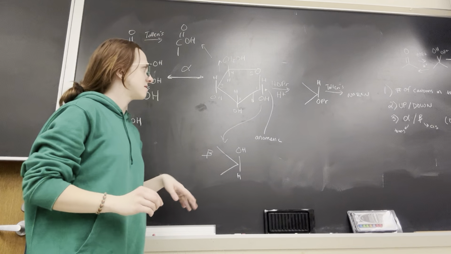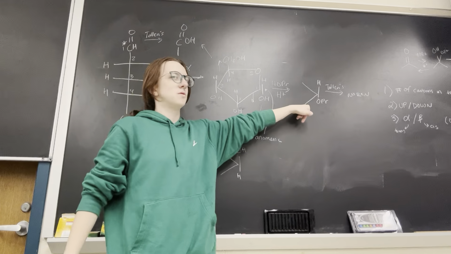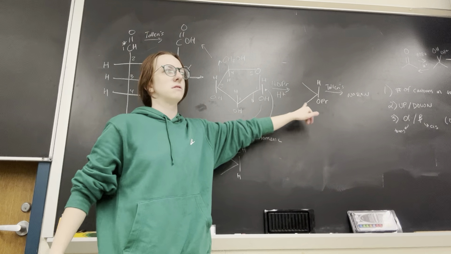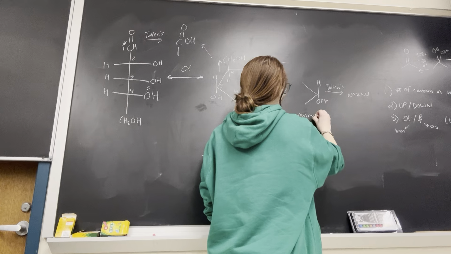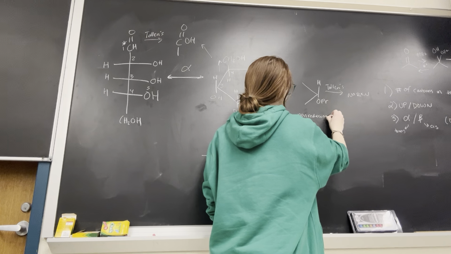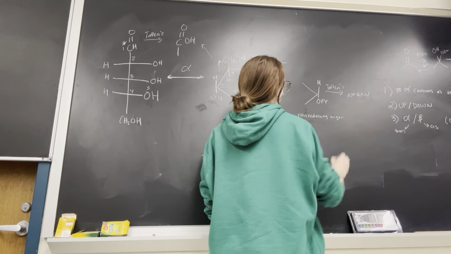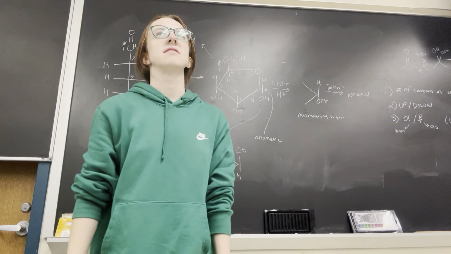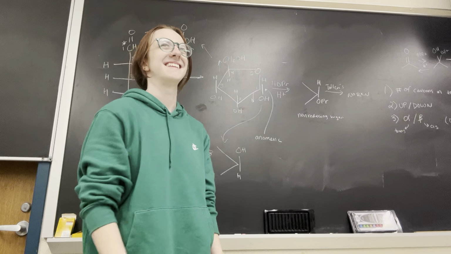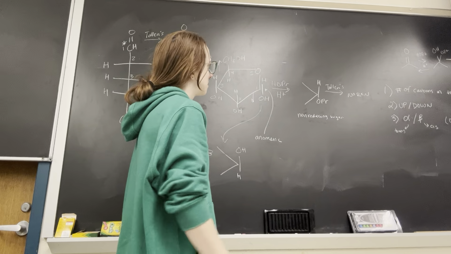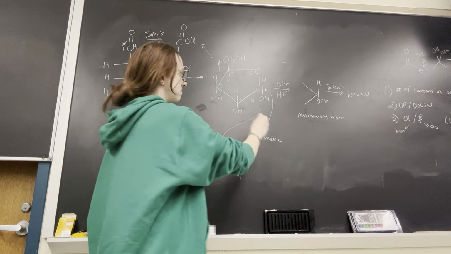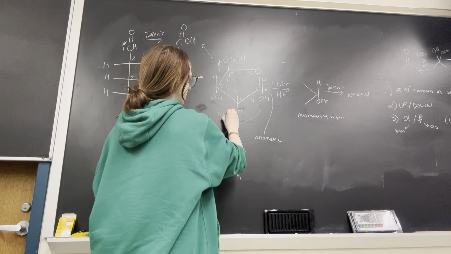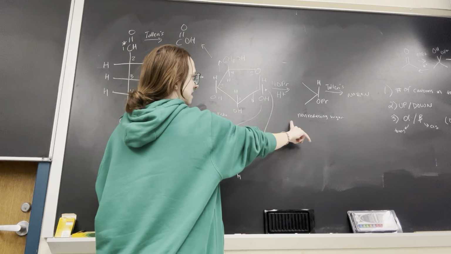I forgot to mention last time, when you make it this type of sugar, it is a non-reducing sugar, even though it's technically being oxidized, that's what they call it. This can still reduce and oxidize. So this is reducing, and this one is now non-reducing.